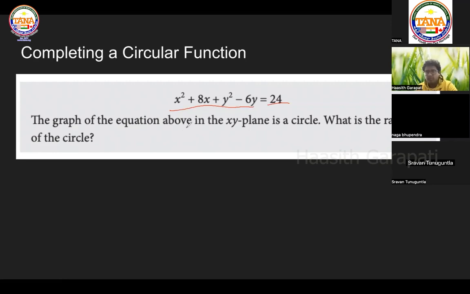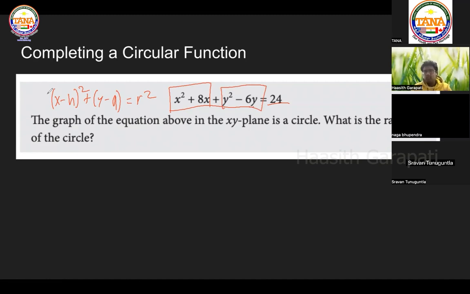this is not a complete circular function. Clearly, it looks nothing like this clean function over here. So what we need to do is take the x portion and the y portion over here, and we need to complete them.